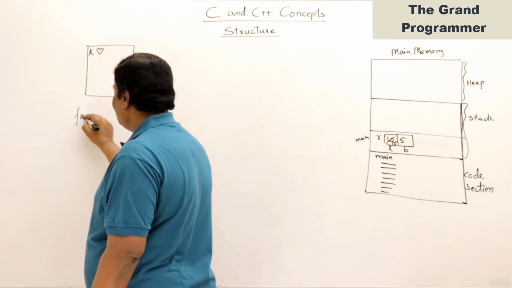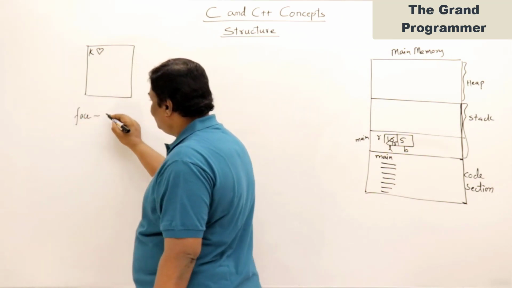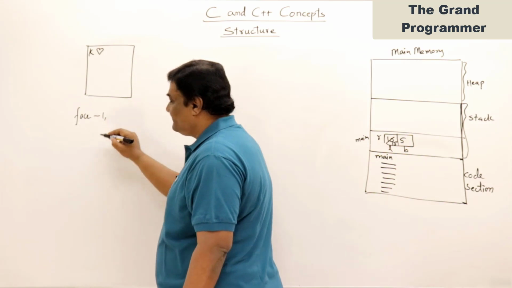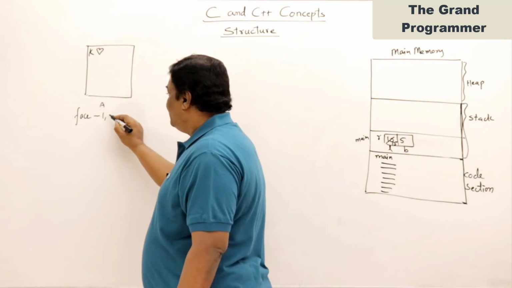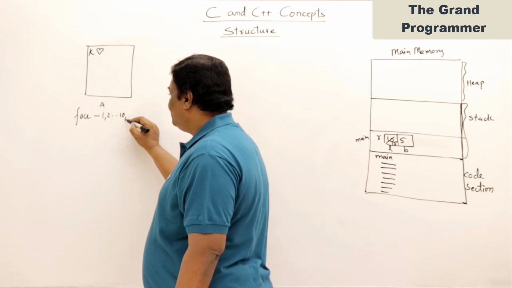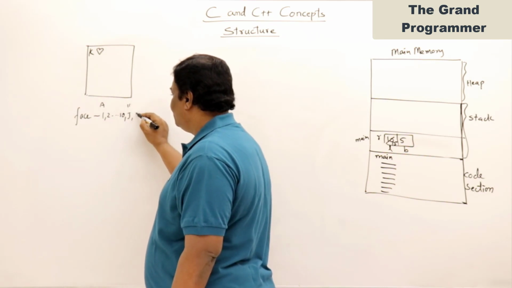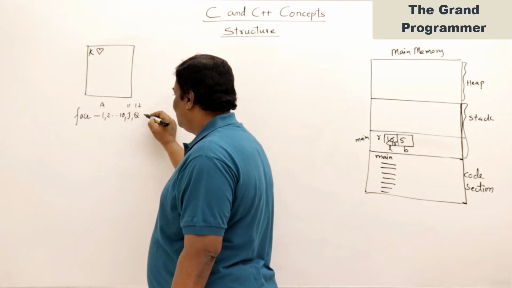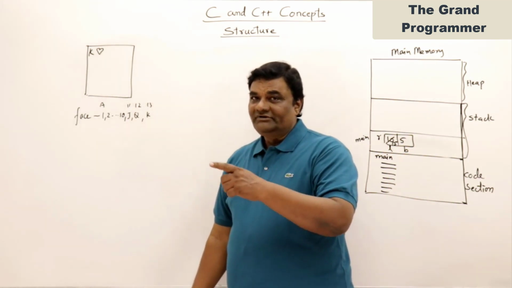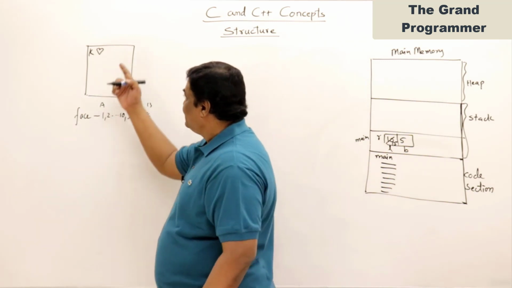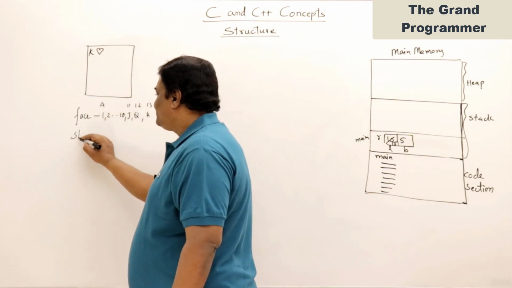First is face value, which can start from 1 onwards. 1 is ace, then 2, 3, 4, 5 up to 10. Then jack is 11, queen is 12 and king is 13. So these are the face values from 1 to 13. The next is shapes. So what are the shapes?